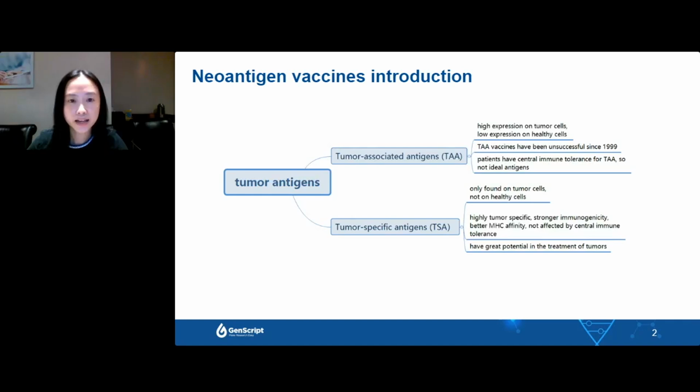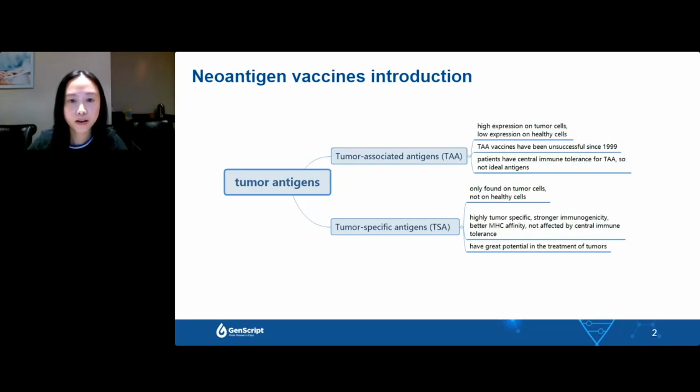Previously, TAA was the antigen researchers used to develop vaccines, but it hasn't been very successful since 1999. The reason is that patients have central immune tolerance for TAA, so it's not an ideal antigen. Because of AI technology and NGS sequencing technology, we got a chance to find TSA.